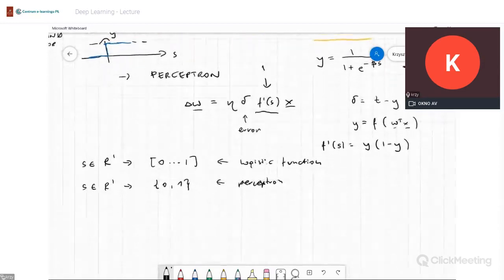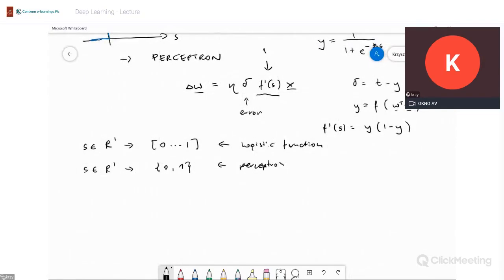But these are not the only candidates for activation functions. And I begin with the ones that were used traditionally. And later on, when we move to deep learning, I will introduce other concepts.